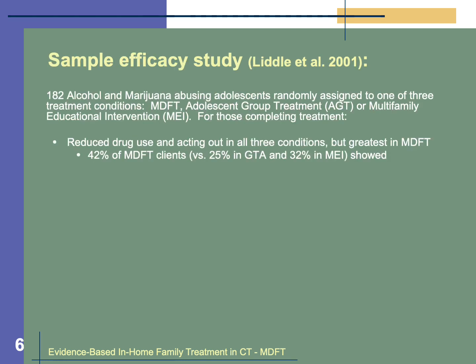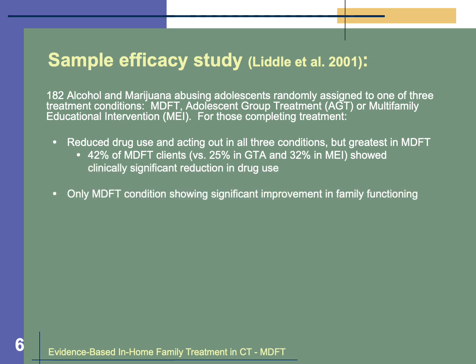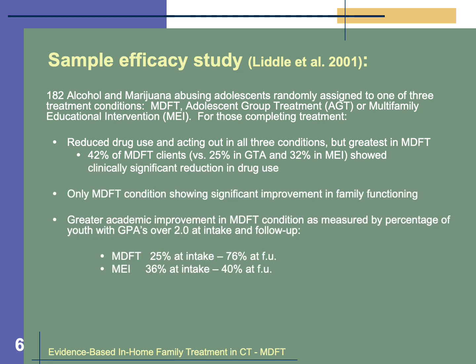And so in one study, what we found is that essentially of 182 adolescents who are using drugs or alcohol, randomly assigned to one of 2 groups, one of them being MDFT, another being a treatment group, or another family intervention, there was a 42% decrease in drug use among kids who are in the MDFT program.